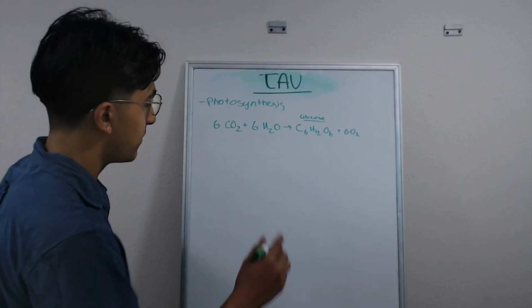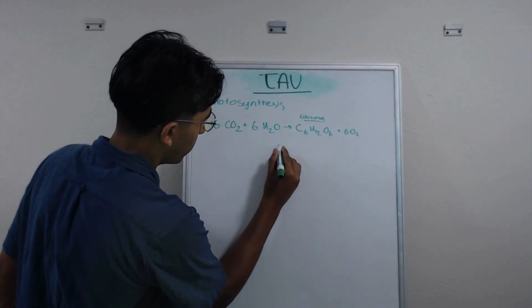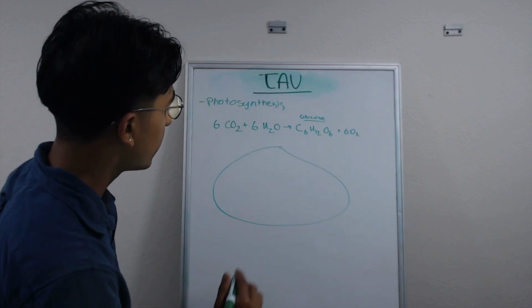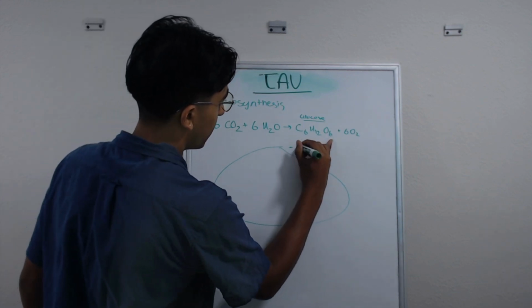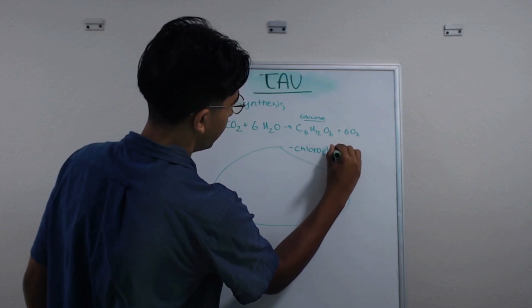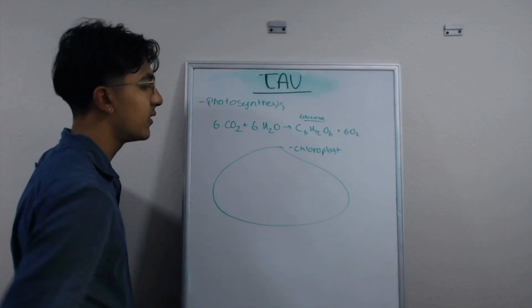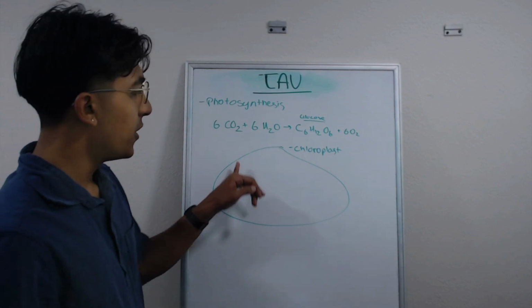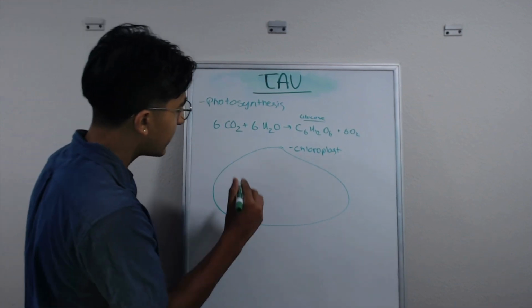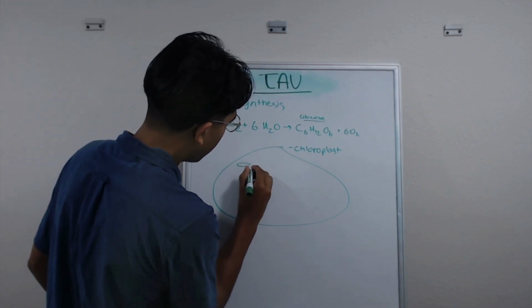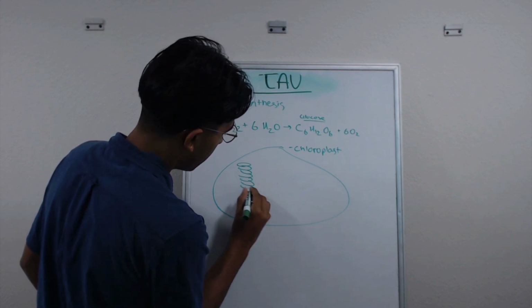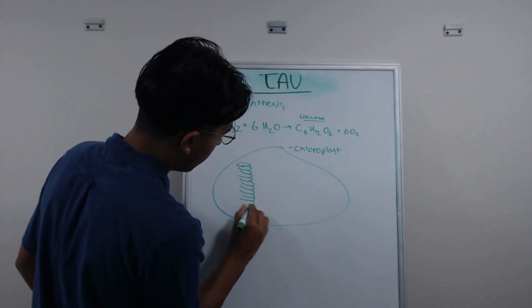So, to understand more of how this process works, let's take a look at the chloroplast of the plant cell, which I mentioned in our previous video. So let's just take an expanded version of the chloroplast. So imagine this is the chloroplast. Within the chloroplast, you can think of it as many pancakes stacked on top of each other.